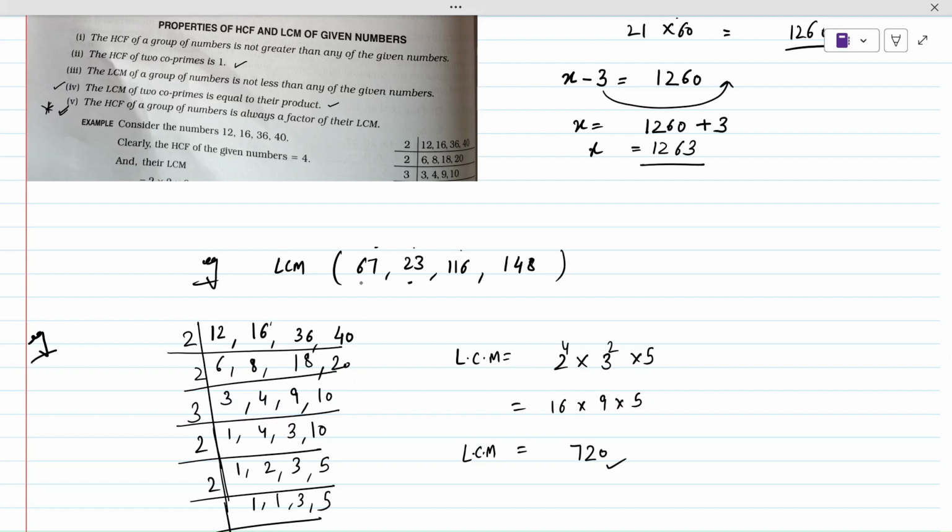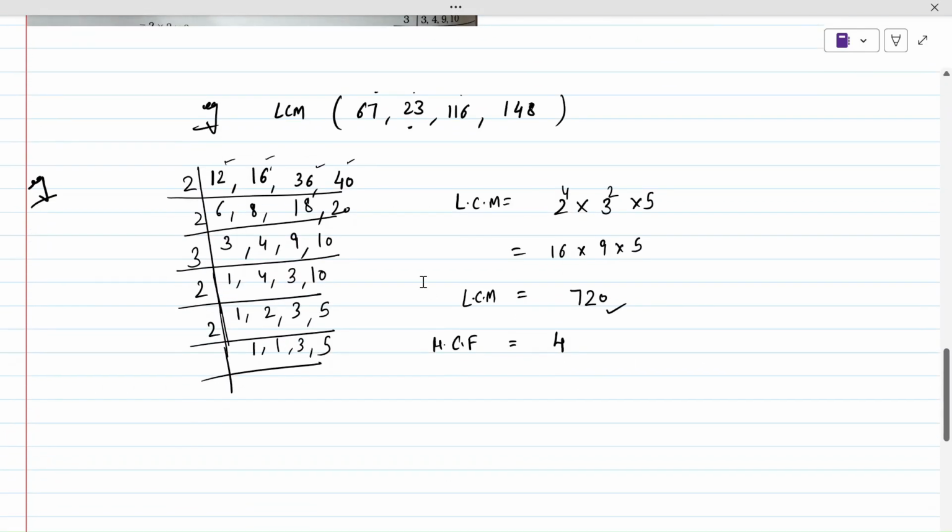Now for these numbers 12, 16, 36 and 40, if I take out their HCF, that is the highest common factor which divides all these numbers, kids, it is 4 here. We can clearly see that all are multiples of 4, and the highest common factor will be 4.